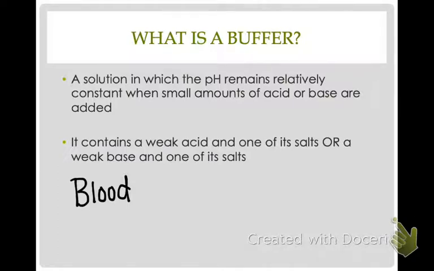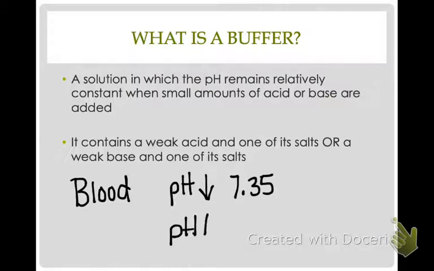However, if the pH drops below 7.35, your body goes into something that we call acidosis. If the pH goes above 7.45, your body will go into something that we call alkalosis.